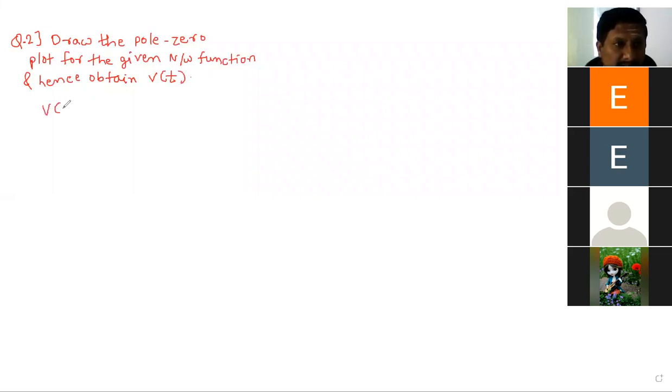So V of S is given. So this is a voltage signal now. 4S into S plus 2 divided by S plus 1 into S plus 3. So how to start to solve this example now?